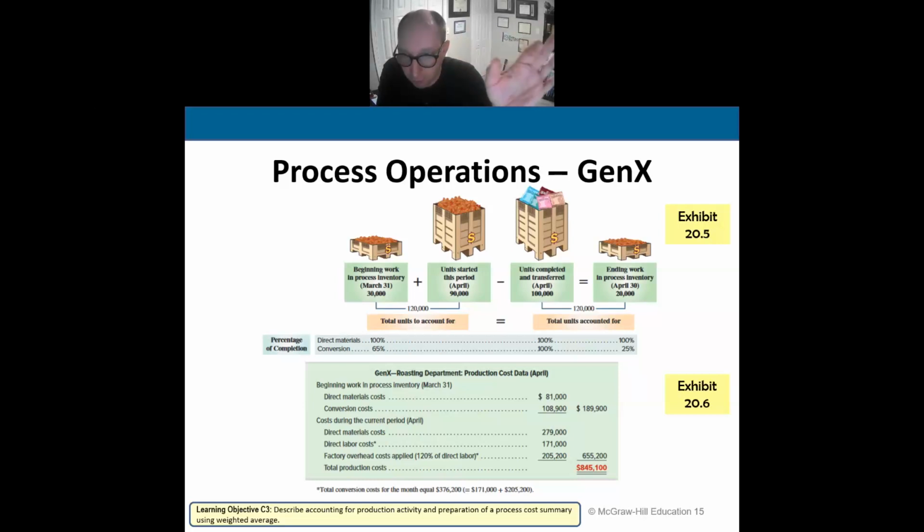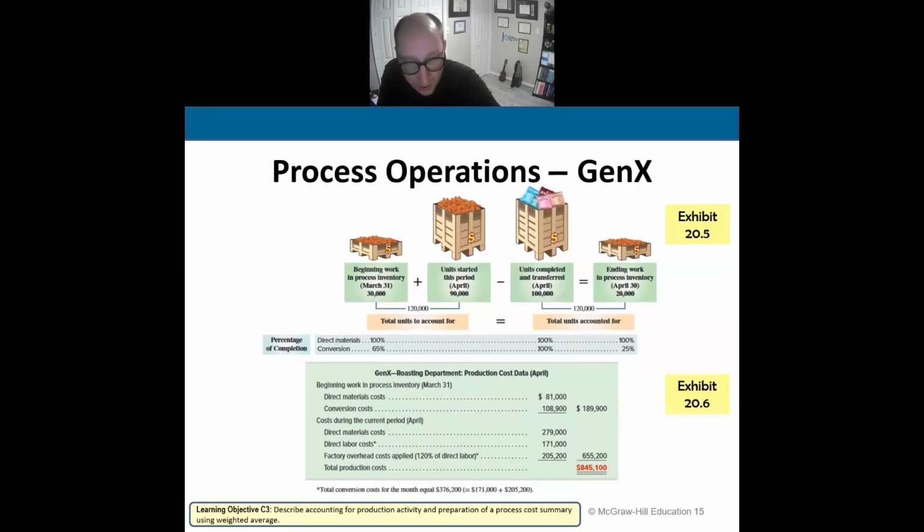Okay, so we figured out the formula for ending work in process inventory. We figured out the percentage of completion for materials and conversion rates. Now, I take those costs to find my total production cost.